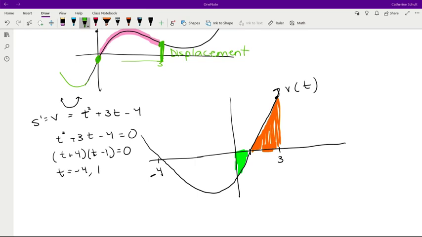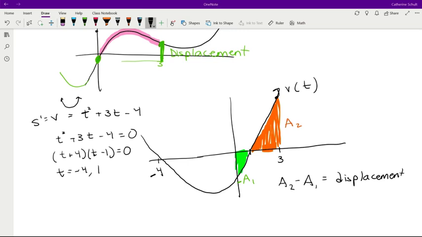Okay, so if this is A1, it's going to be negative. And if this is A2, that area is positive, right? Areas below the x-axis are negative, areas above are positive. So this expression A2 minus A1, that's the displacement.